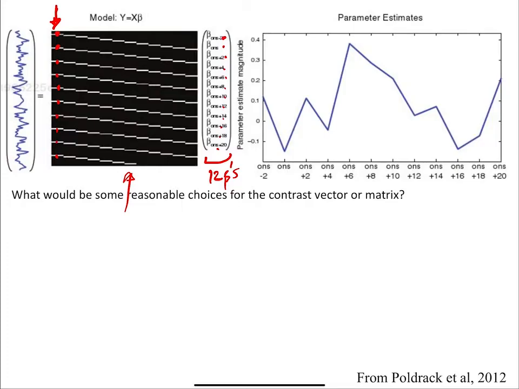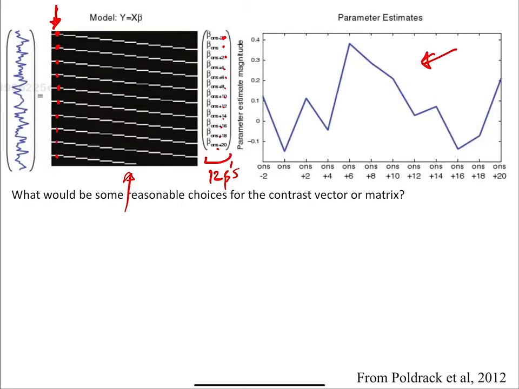Okay, so let's open it up for an exercise. We're going to do this old school, so I'm going to have you get into groups of 2 or 3, and then we're going to randomly pick a couple groups for some response. You're going to spend the next few minutes talking about what would be some useful contrast vectors or matrices, assuming that this was a design matrix. And this is an example of the parameter estimate.